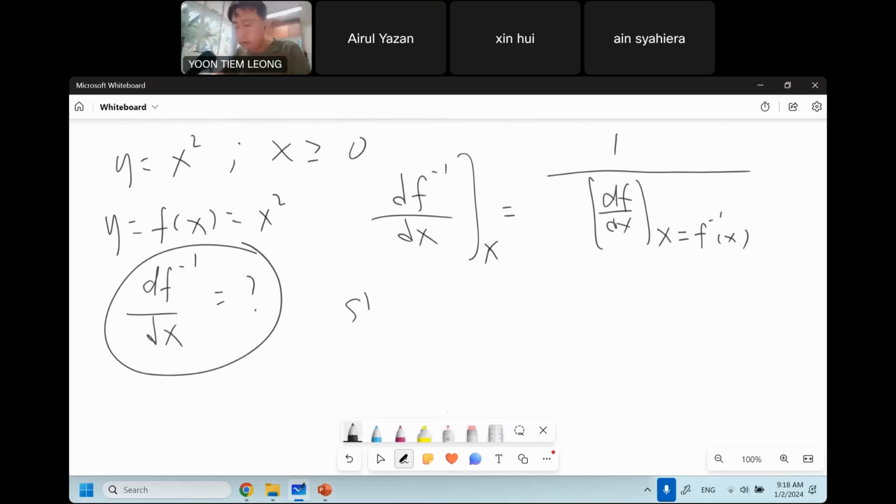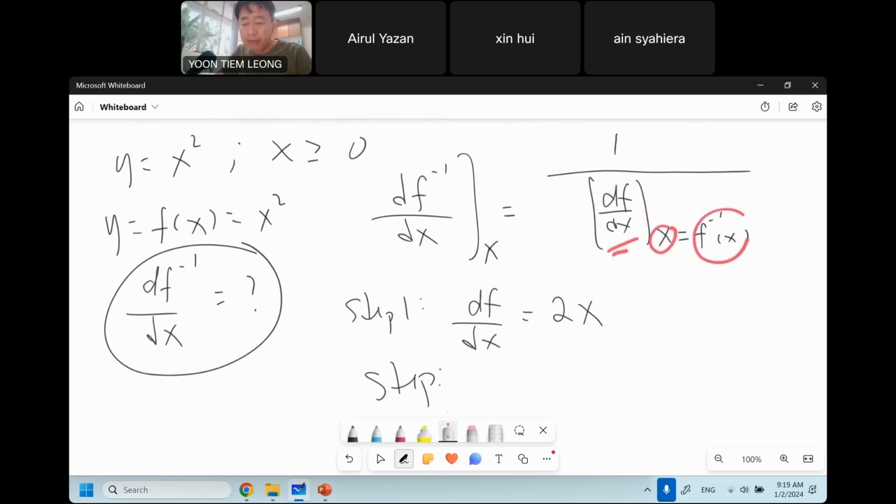So first of all, let me do step number 1. Step number 1 is, given the function f, you calculate df dx. So df dx is easily calculated to be 2x. Step 2 is to replace the expression of x in df dx by the expression of f inverse.